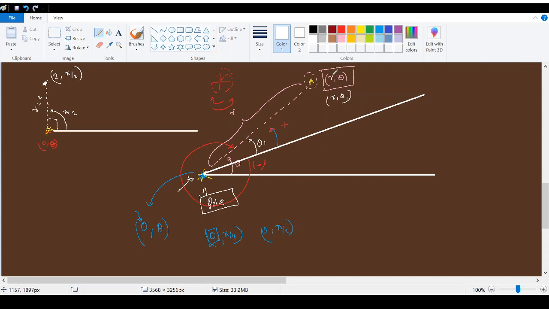See, the radius or this distance, comma, the value of the angle. Or else you can go to the same point in the clockwise direction. Then the coordinate will be (2, -3pi/2). So this is an important thing.